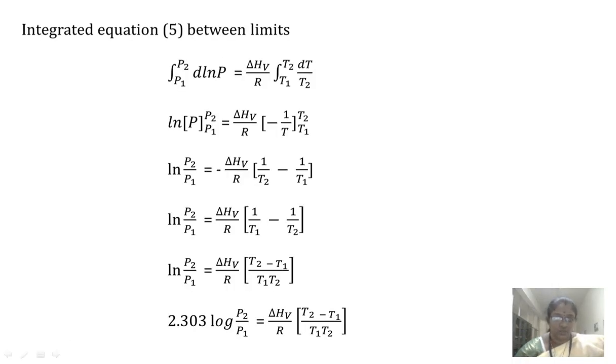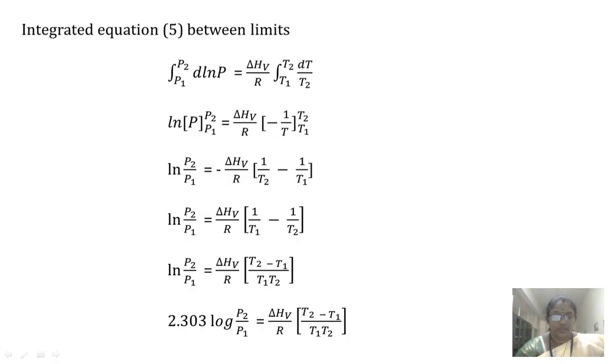Integrate the above equation from pressure P1 to P2 and temperature T1 to T2. We will get the integral of d ln P, that is ln P from P1 to P2, and del Hv by R times the integral of 1 by T square, that is T power minus 2, which gives minus 1 by T from T1 to T2.